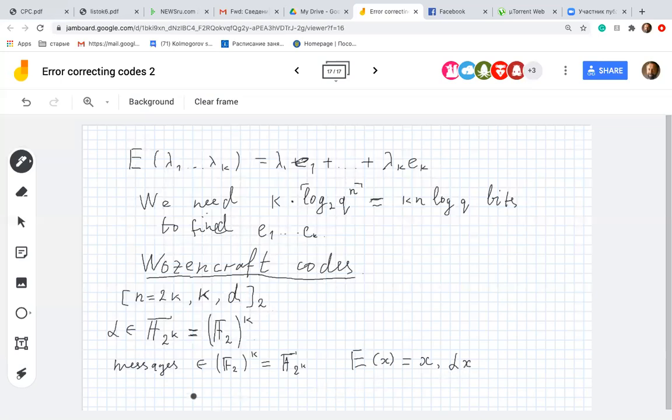So all the code words of that code consist of all 2k-bit strings of that form: x, alpha x, where x is an arbitrary k-bit sequence.